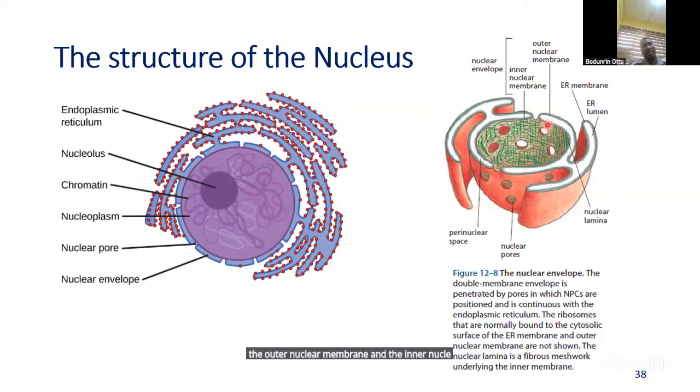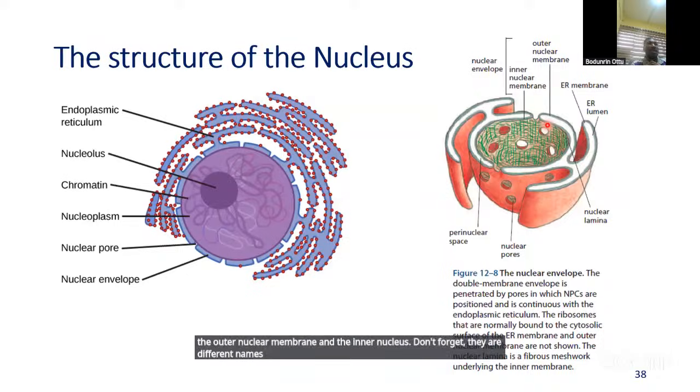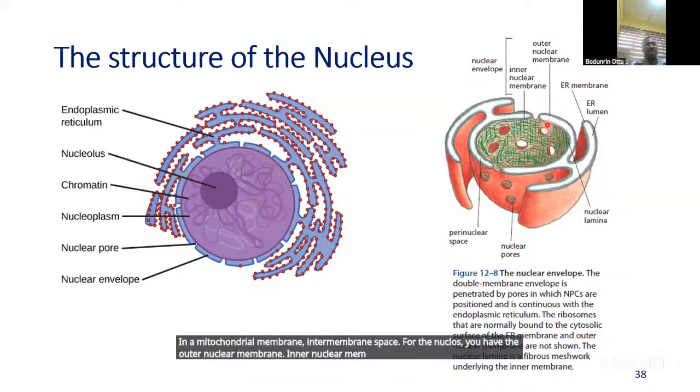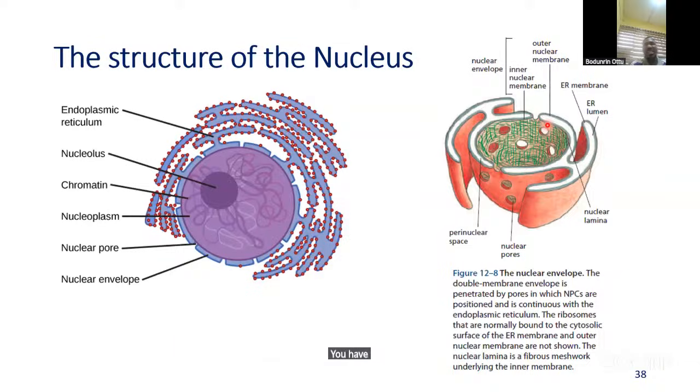Don't forget, there are different names. For the mitochondria, the outer mitochondrial membrane, inner mitochondrial membrane, intermembrane space. For the nucleus, you have the outer nuclear membrane, inner nuclear membrane, and then you have the perinuclear space.